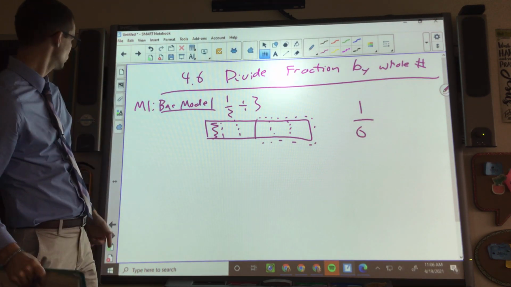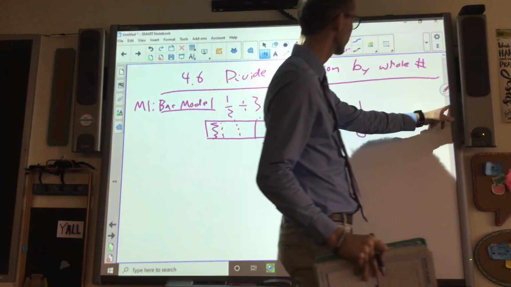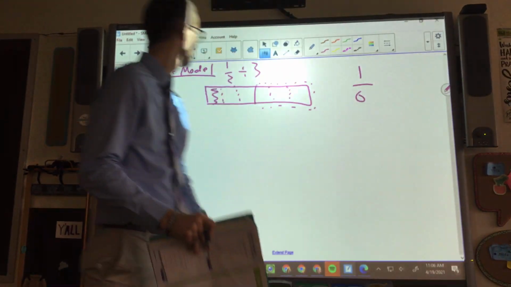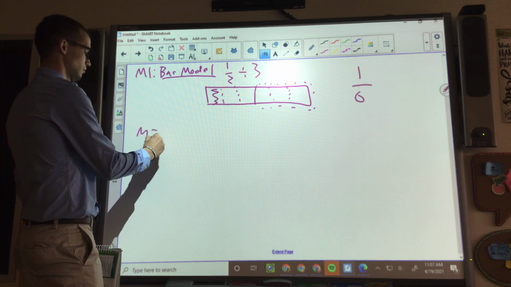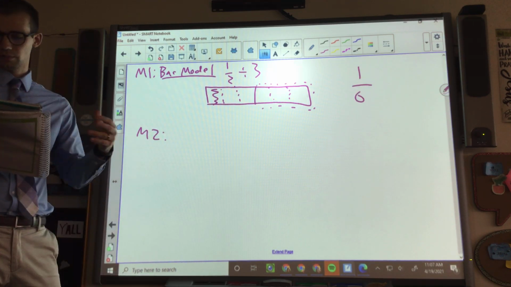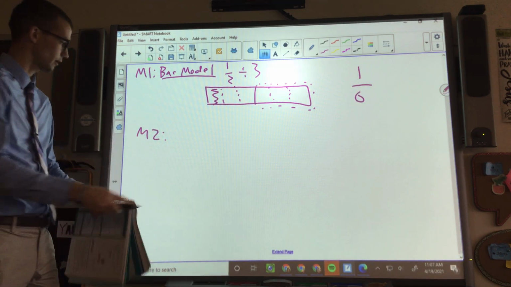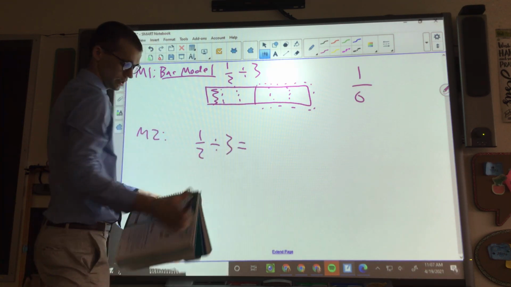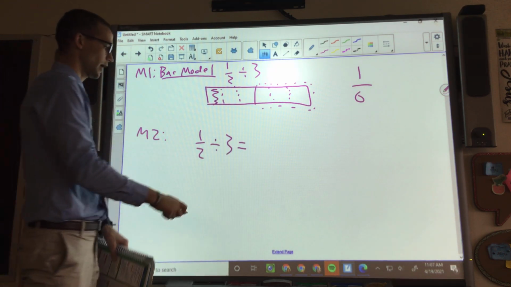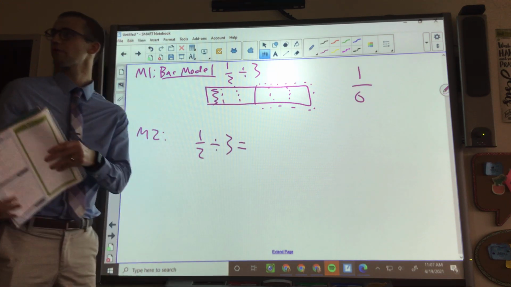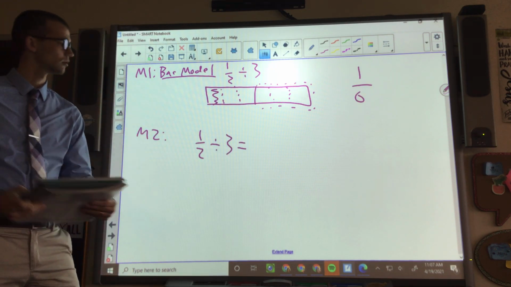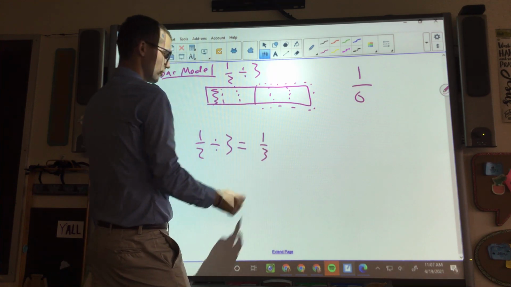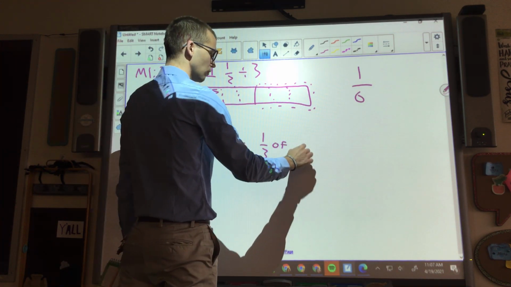Method 2, I really don't like this thing over here, but that's okay. Method 2 says that I've got 1/2 divided by 3, which means that I've got 1/3 of 1/2.